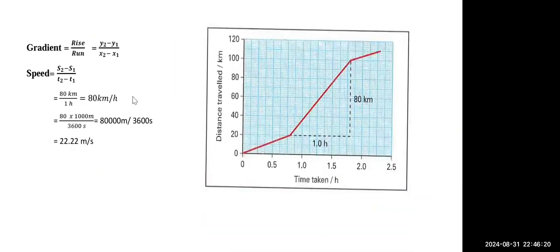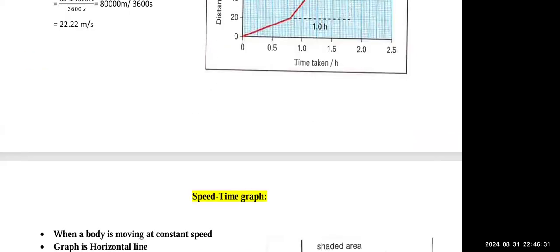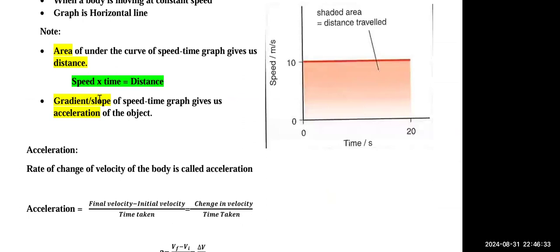Here you can check, this is a distance time graph, and the gradient gives us speed. But in the case of the speed time graph, the gradient gives us acceleration. This is the difference between the distance time graph and the speed time graph.